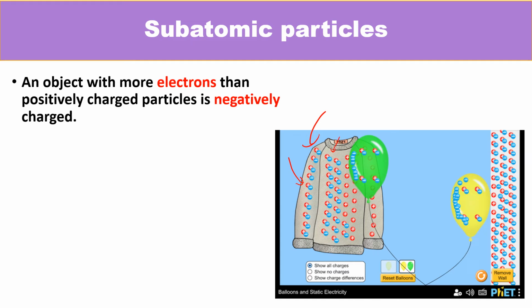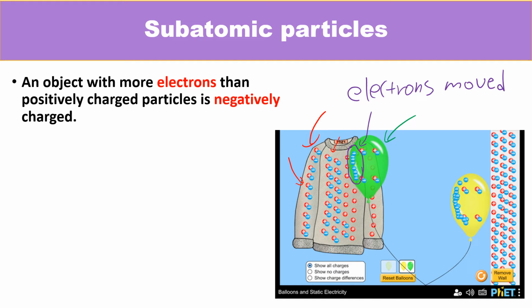But if you see that the green balloon was rubbing against the left side of the sleeve of the sweater, you may notice that electrons actually jump and gather at the balloon. Electrons move from the sweater to the balloon.